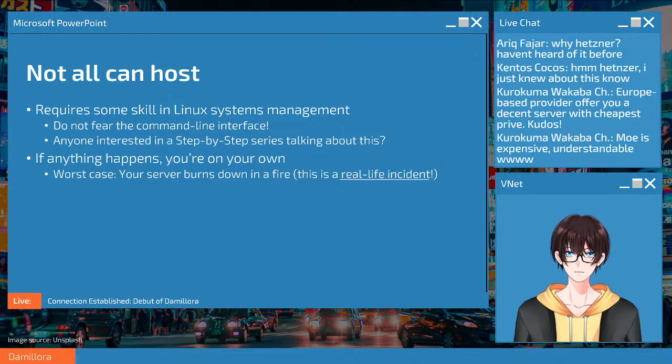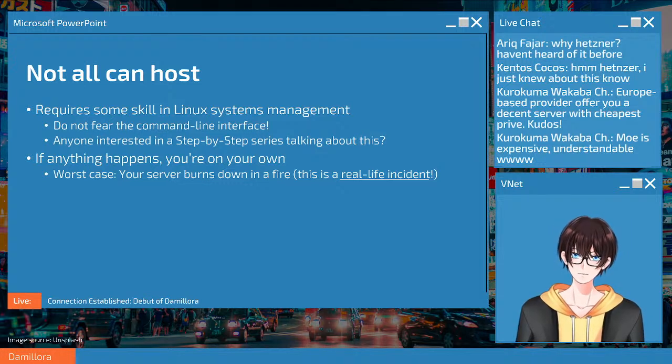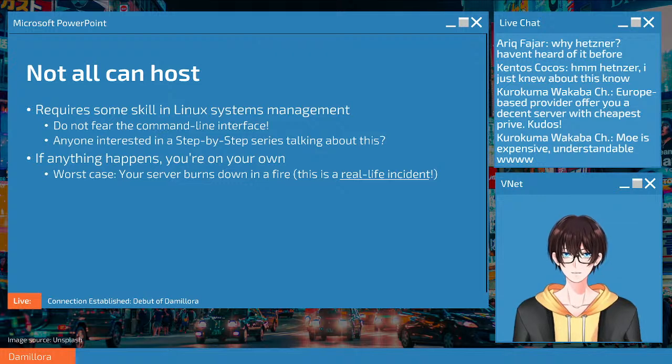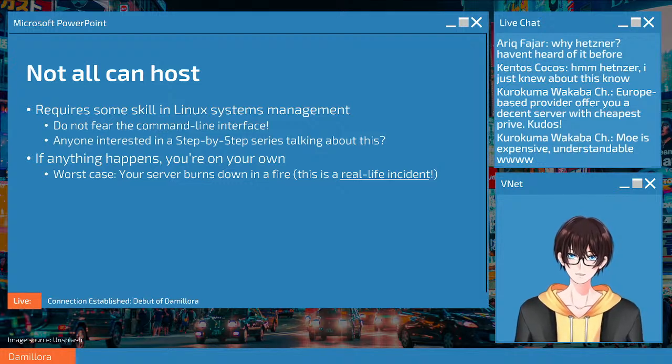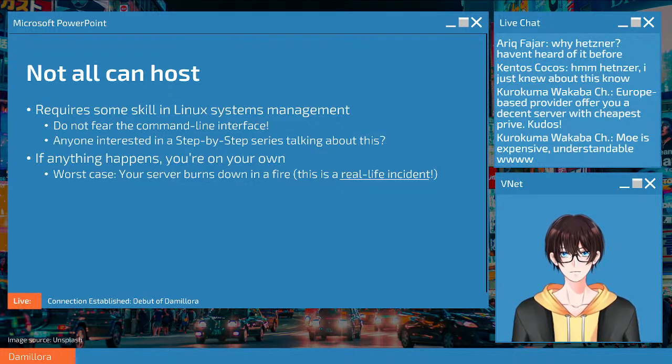And then finally, not all can host it because first of all, you need to be at least somewhat experienced in Linux systems management. I have 1 sentence to tell you about this. Do not fear the command line interface because it is seriously the most powerful feature of Linux.